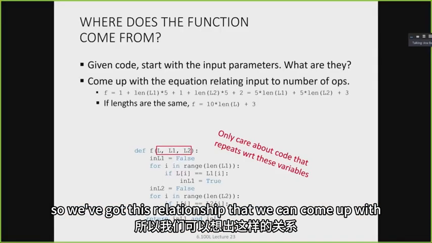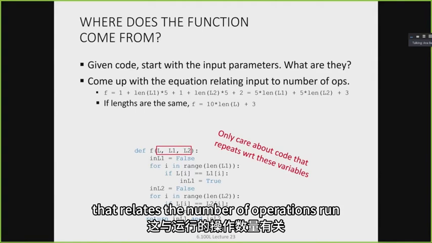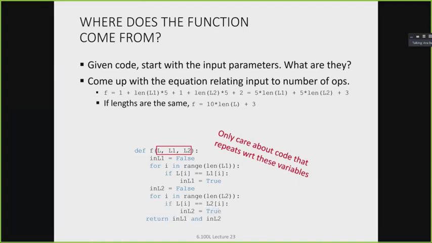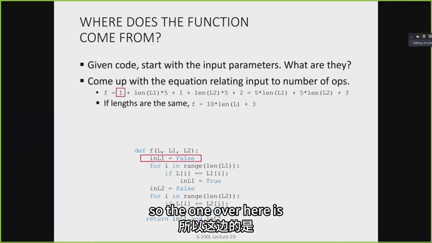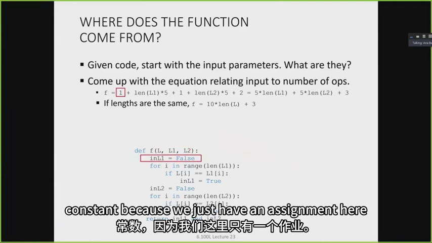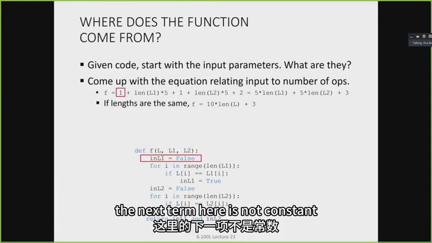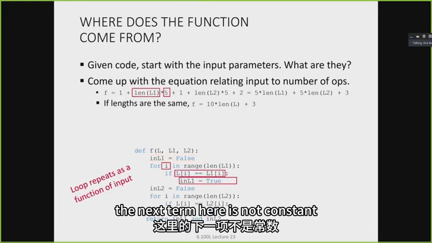So we've got this relationship that relates the number of operations run as a function of L, L1, and L2. The 1 over here is constant because we just have an assignment for some variable. The next term is not constant.